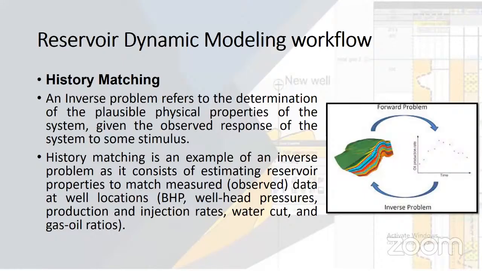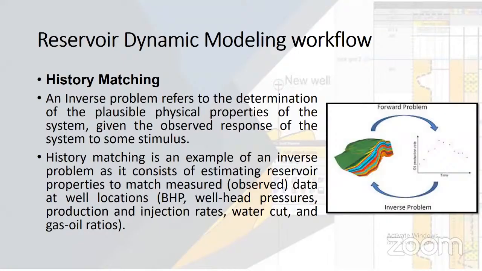History matching is that we have actual production from our field, okay? And when you run simulation, you will have a production from your reservoir model. Then we will compare the simulated production and the actual production, okay?